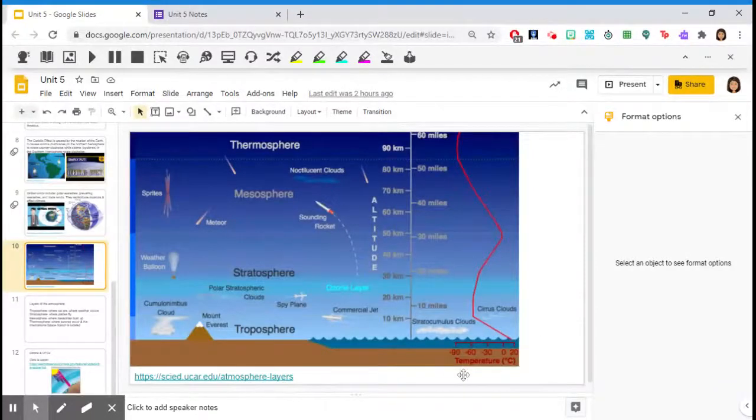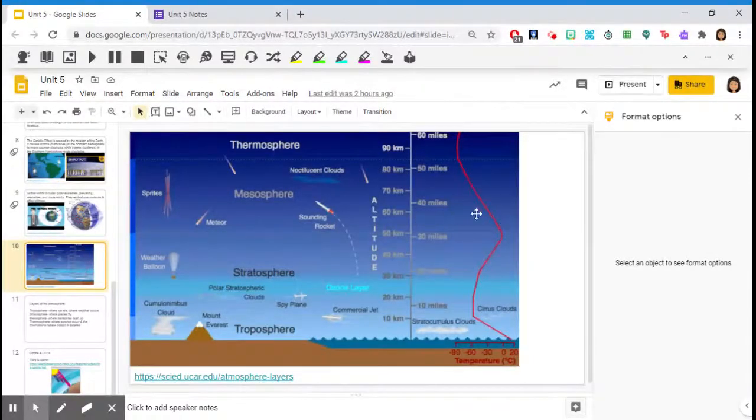You'll notice this graph over here. I just want to briefly touch on it. So in the troposphere, as altitude increases, so how high you are above Earth, as you go up in the troposphere, the temperature actually gets colder. In the stratosphere, because of the ozone layer, we actually see the opposite. The temperature gets hotter as you go up.